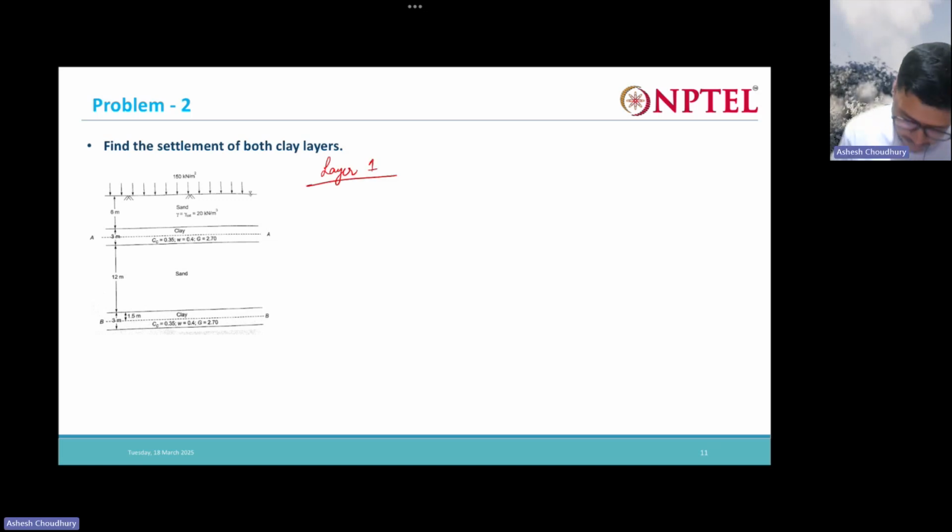Layer 1. Into G. So W into G. Saturation is 1.